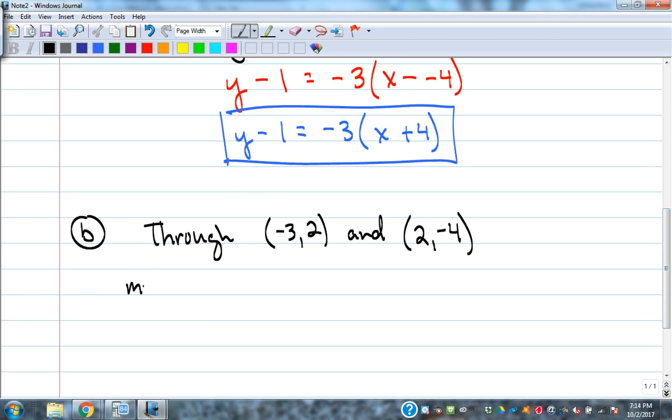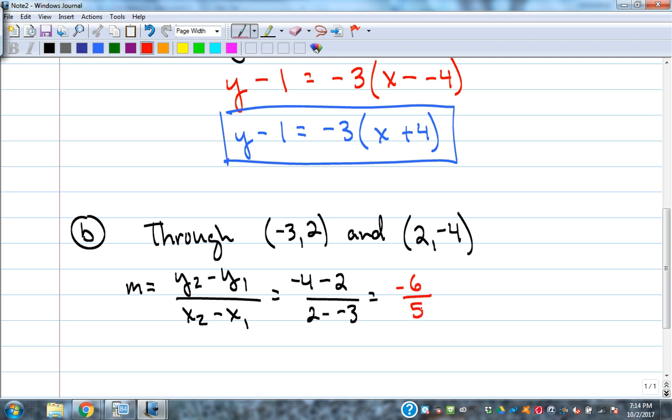Because I'm smart and I know that the slope formula is y2 minus y1 over x2 minus x1. So -4 minus 2 over 2 minus -3. That'd be -6 over 5. That's my slope.